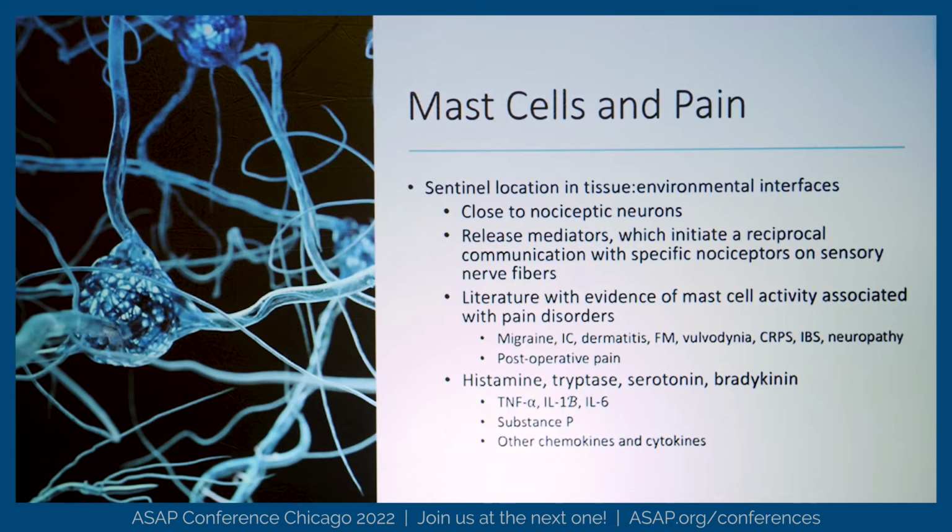And so when they degranulate upon activation, they release certain mediators that then activate the nociceptors. And in turn, the nociceptors release mediators that then activate the mast cells. So it's this cyclical event of just releasing of mediators that can cause pain.